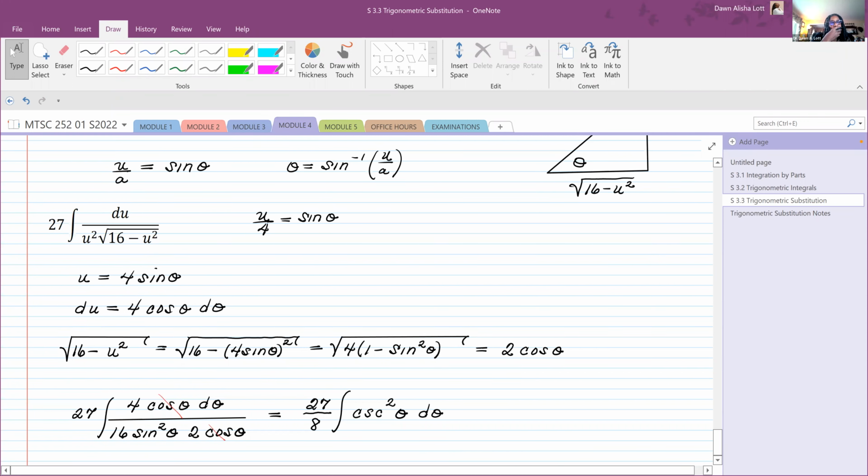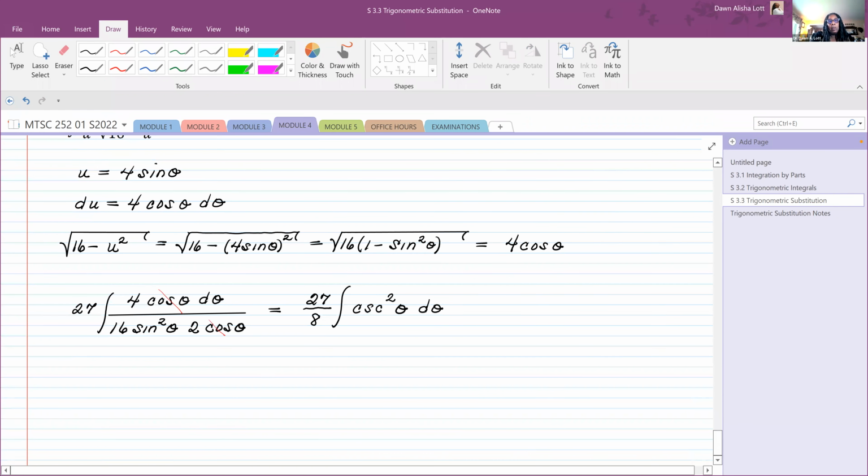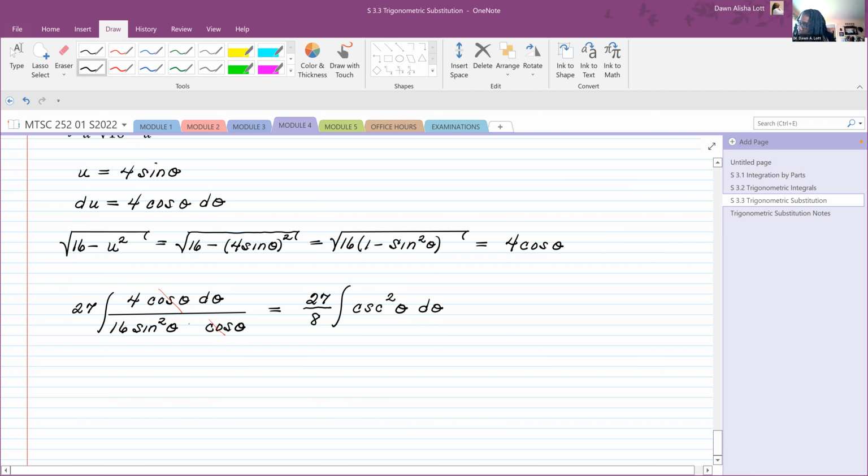That's not right. I see a mistake. This should be a 16, and this should be a 4. That's why I have to recap sometimes. So therefore this should be a 4, and then this should be a 16. Much better.